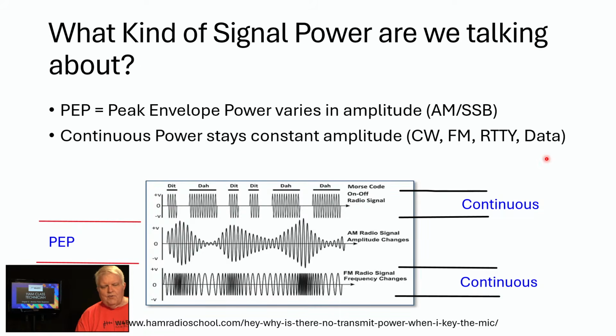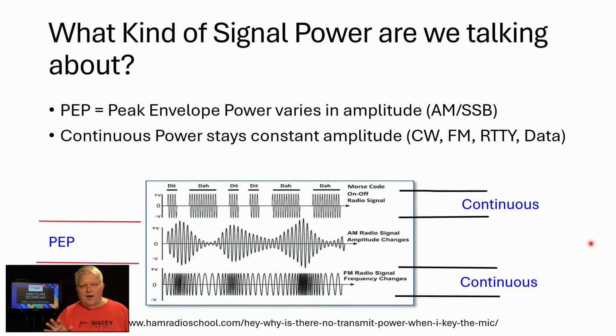Whereas with amplitude modulated signals, AM and single sideband, the amplitude varies greatly, and so we look at the power level from peak to peak and use that to calculate the output power. So that's why our maximum output power is said to be 1,500 watts peak envelope power, PEP.